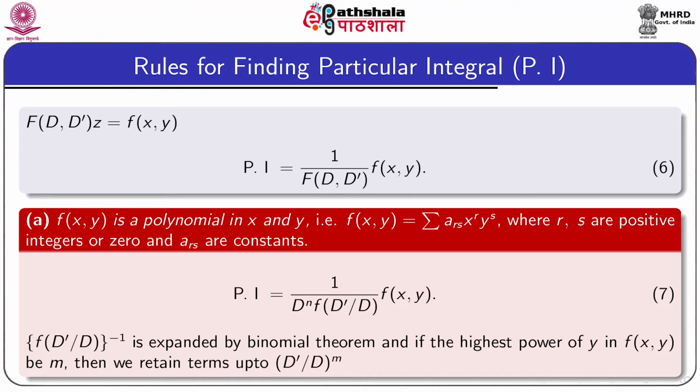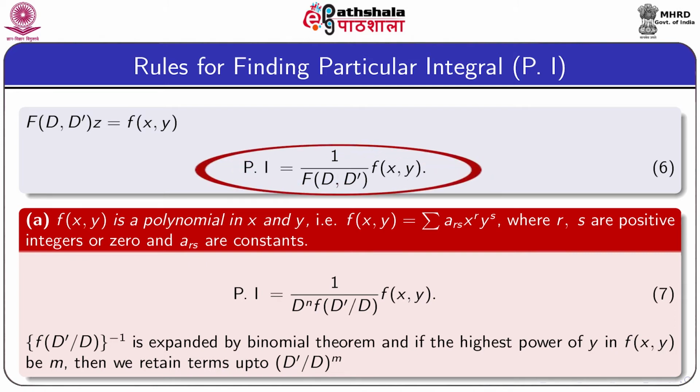Suppose we have an equation F(D, D') z equals small f(x, y). So, a particular integral can be considered as the operator 1 by F operating on small f, and we shall discuss how to find the particular integral for some particular cases, that means when small f is some particular function.